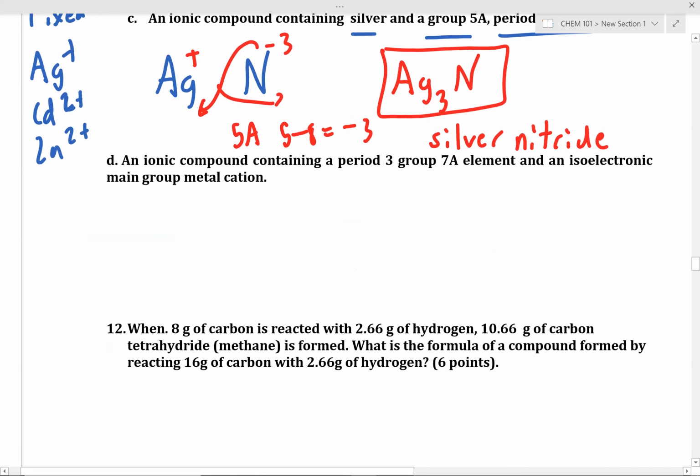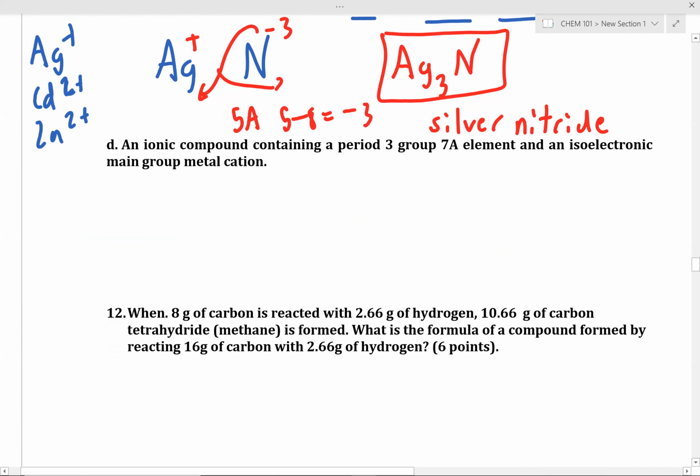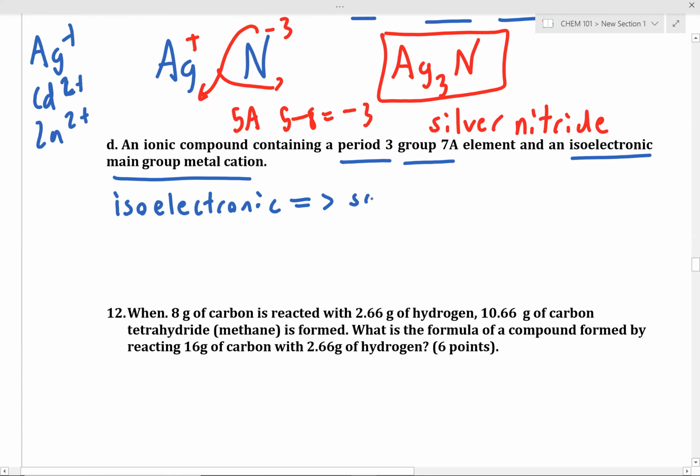Okay. So we have an ionic compound containing a period 3 group 7A element and an isoelectronic main group metal cation. So isoelectronic, we discussed this in lecture in passing. What does isoelectronic mean? We have the same number of what? Yep, same number of electrons.